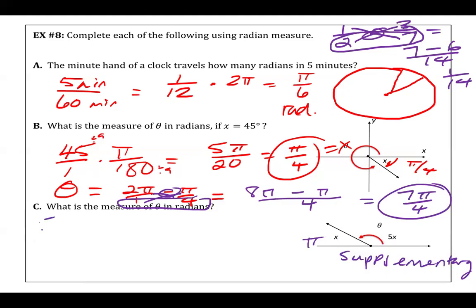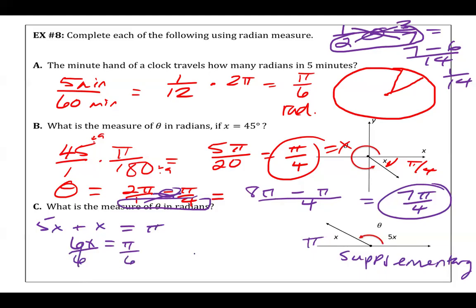So we know that 5x plus x has to equal pi. All right. What's 5x plus 1x? 6x equals pi. How do I get x by itself?